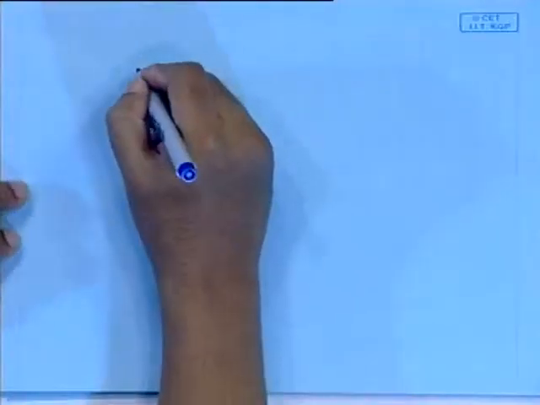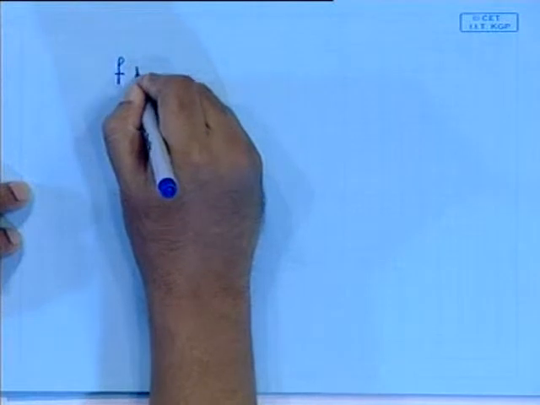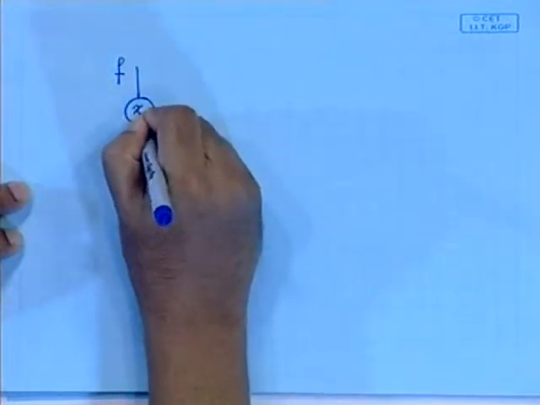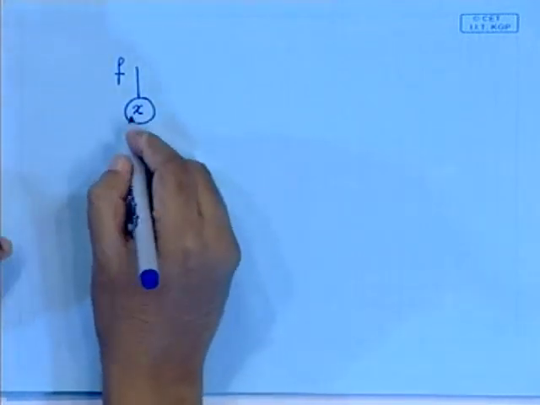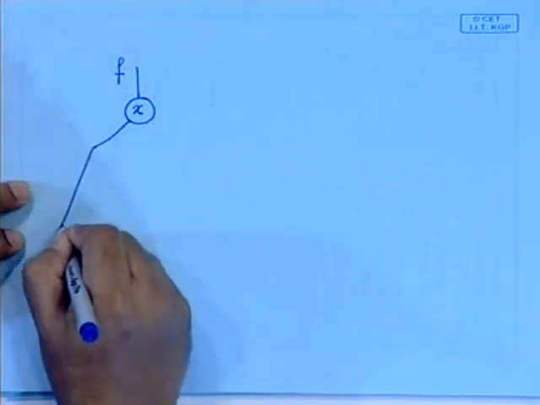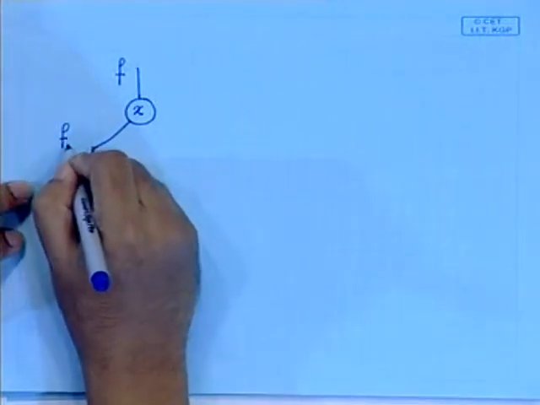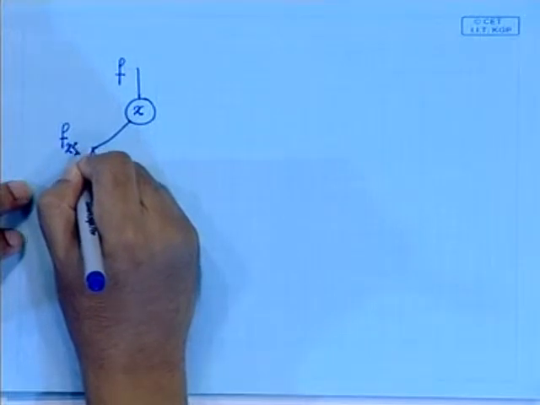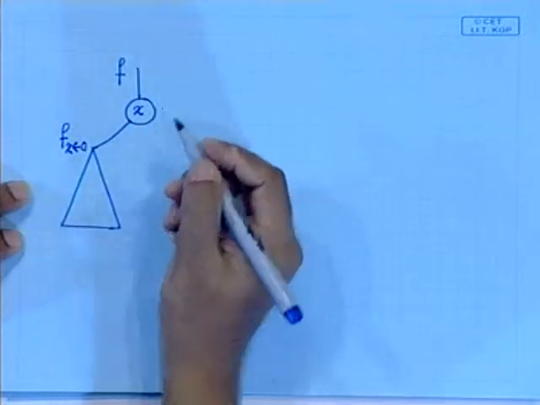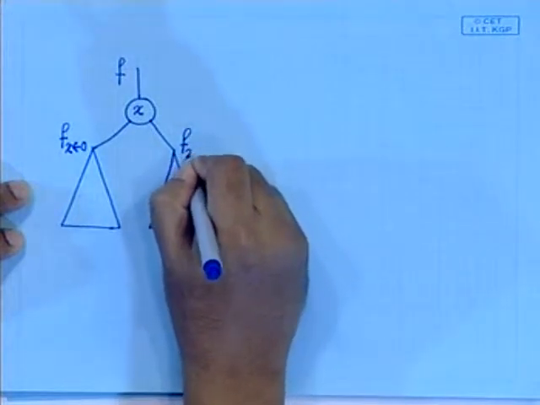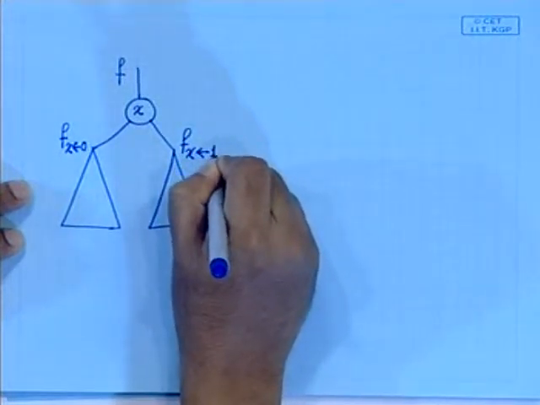To understand how Shannon's expansion is used, suppose I have a function f, and let us say the root variable here is x. On this side I have the BDD corresponding to f with x restricted to 0, and on this side I have the BDD corresponding to f with x restricted to 1.